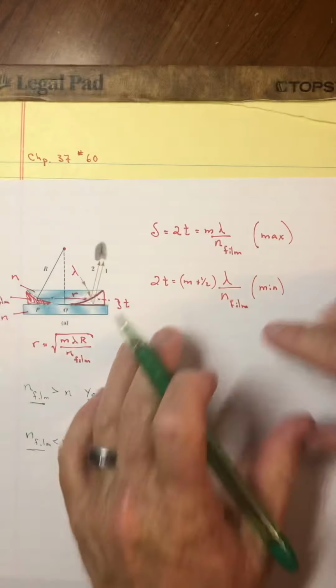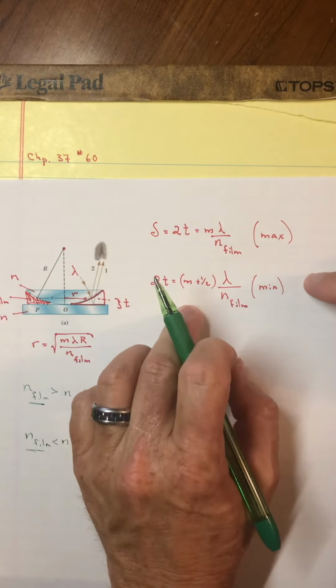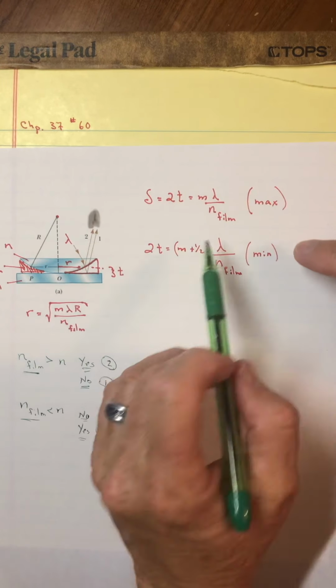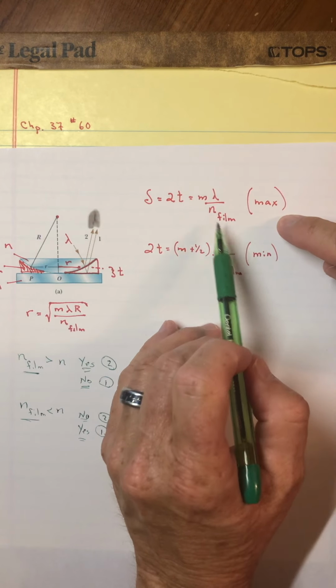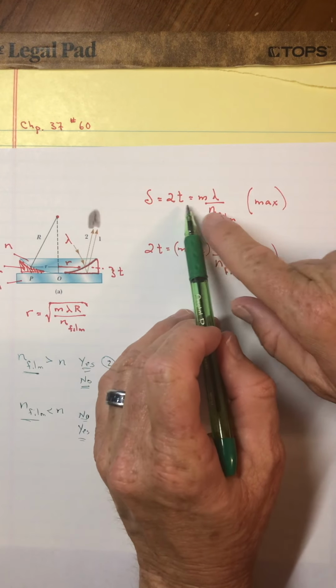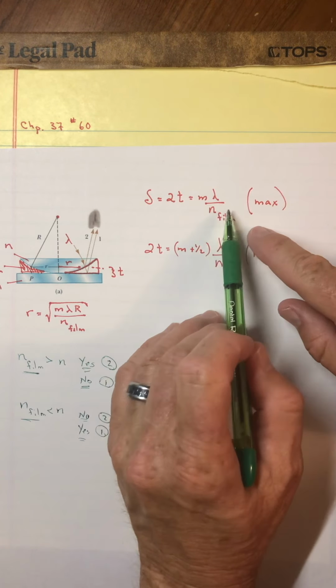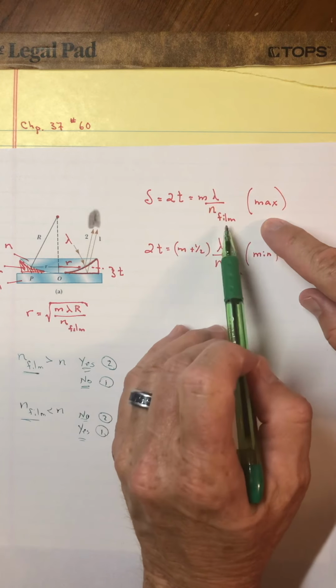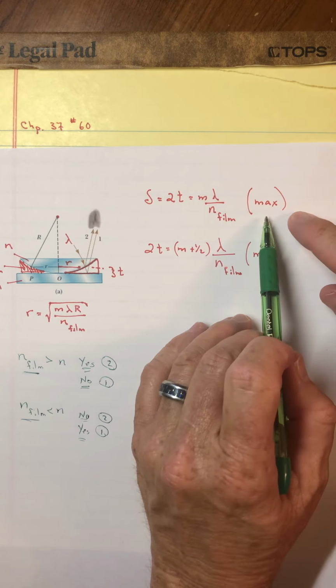And so what that means back up here in this equation is that right here where we were saying, okay, if the extra path length of number 1 is an integer number of wavelengths, we would get constructive.